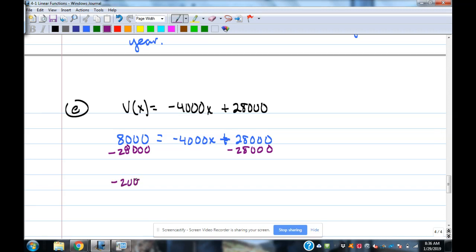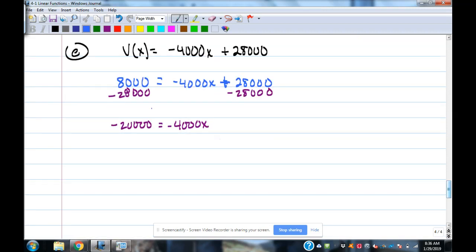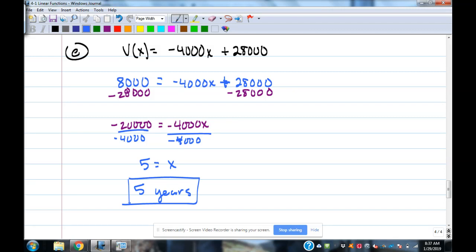But what if they give you a weird number so that you've got to actually do it? So divide by negative 4,000. And there we have the 5, and that's 5 years. So be careful. We're in the context of a word problem. We need to make sure that we're using units to state our answers. That's fairly important.